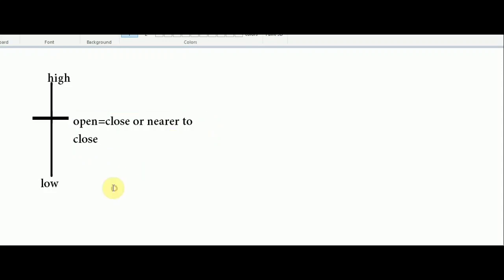Now let me just write the data points. I am writing the highest point as, say, 110. I am taking these values randomly. I'll show you on the chart whether it works or not. Just keep watching. I'm keeping the lowest point as 90, and I'm keeping the open, say, as 95. Clear?